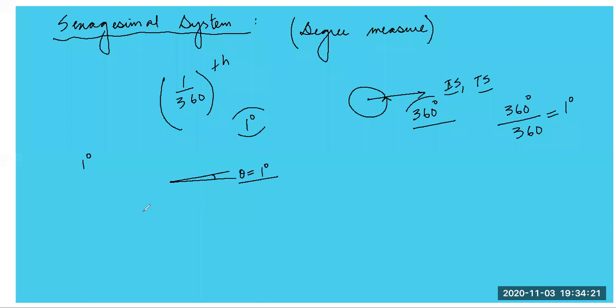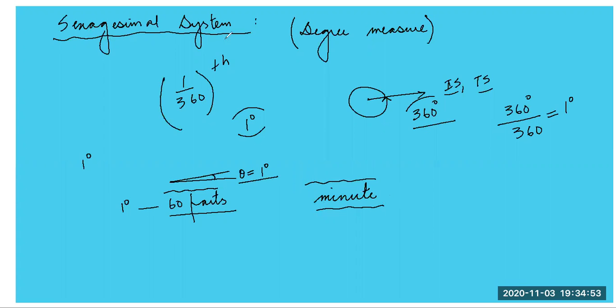And if you further divide 1 degree into 60 parts, suppose a very small angle, half of 1 degree or 1/10 of 1 degree, the angle is known as minute. So don't think this is time. This is minute. Minute angle is there.